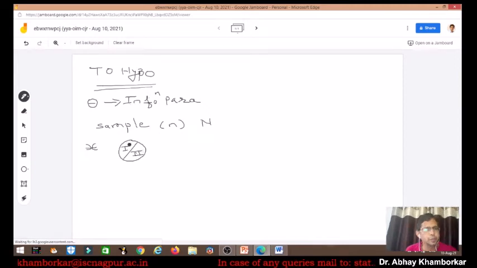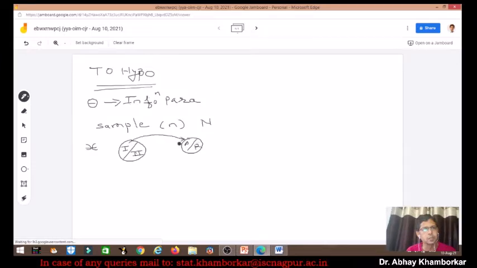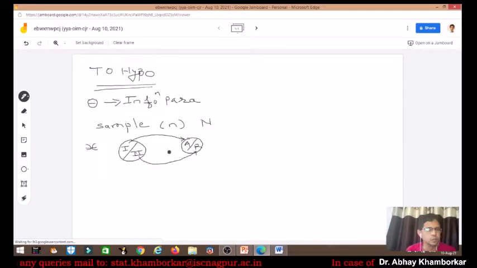If your sample belongs to part 1, we accept the hypothesis, and if your sample belongs to part 2, we reject the hypothesis. That means the decision space is acceptance or rejection. In other words, we take two decisions.